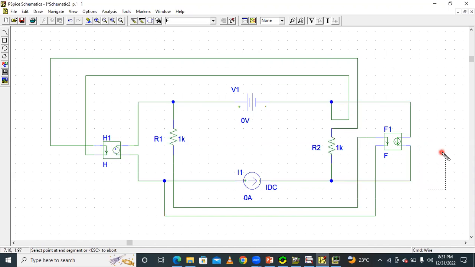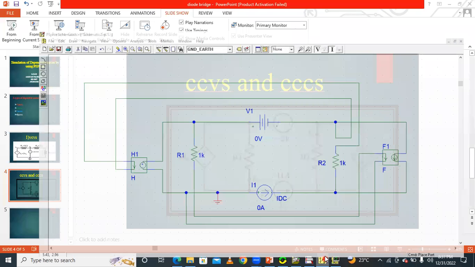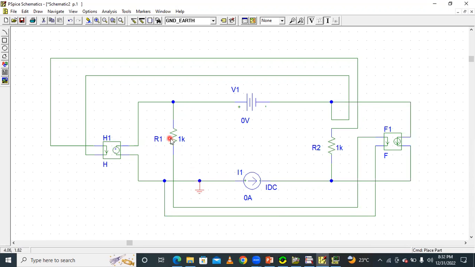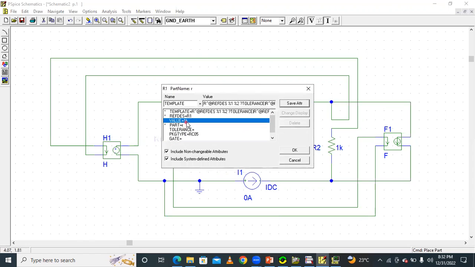Then the ground goes here, take one. And what is the value of resistance here? The 1 ohm resistor, value of 1. Save attributes, then OK.